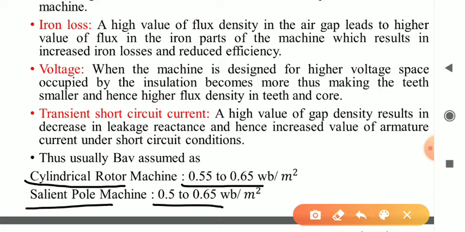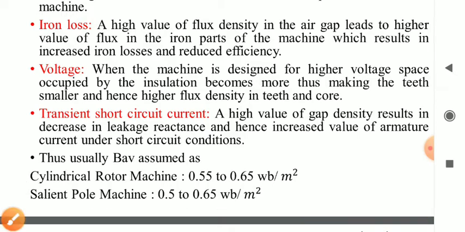So, if it is not given in the example, then you can assume the specific magnetic loading between these two ranges for a particular type of rotor or machine.